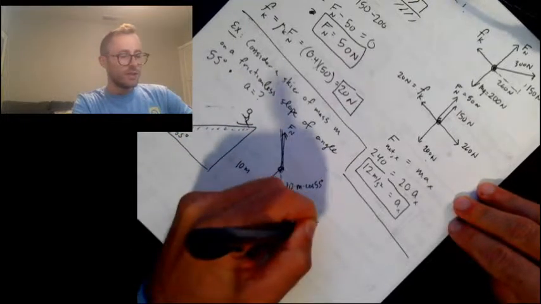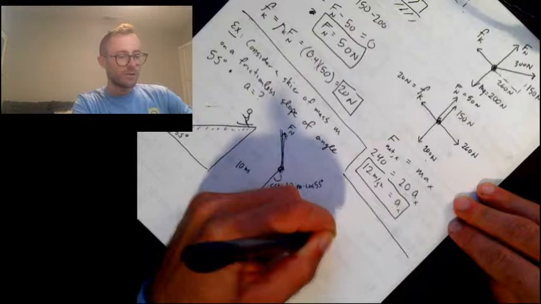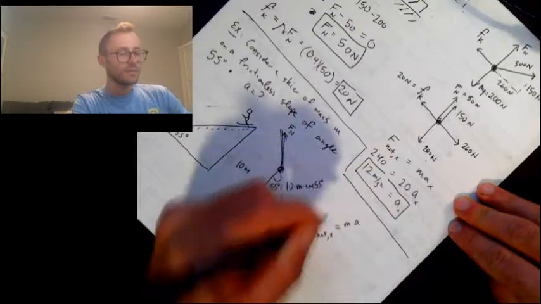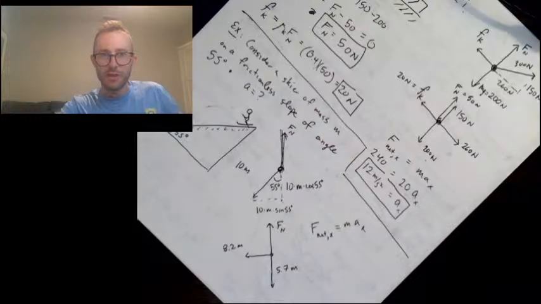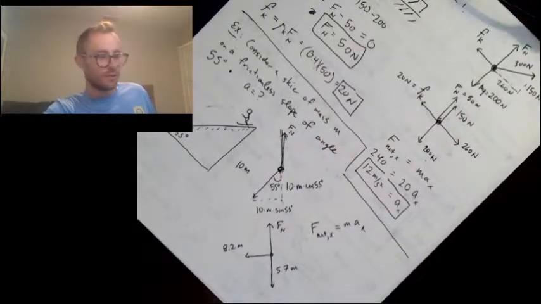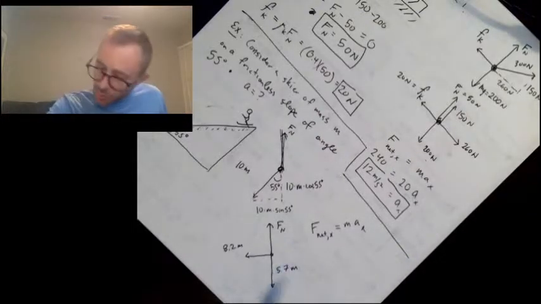Now let's do the net force in the x direction. Who can type in an expression? It's very simple. What is the net force in the x direction? Who can do it? Because there's only one force.